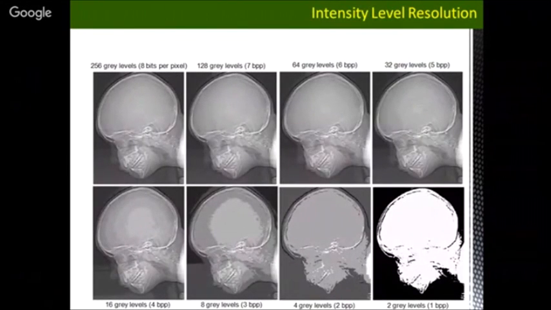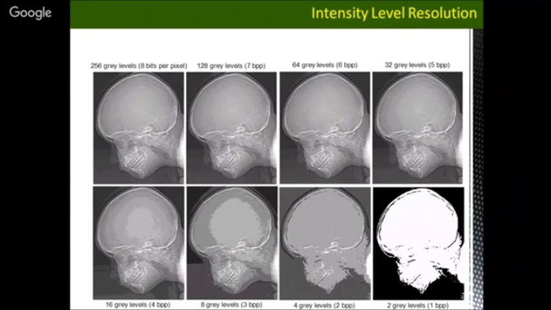Now, there's another resolution which plays in an image. This shows a medical example wherein, as bad as the right bottom corner, you have just two gray levels, that is black and white. So in that case, you may have an image with only white or black. As you move left and top left, there you find 256 gray levels.